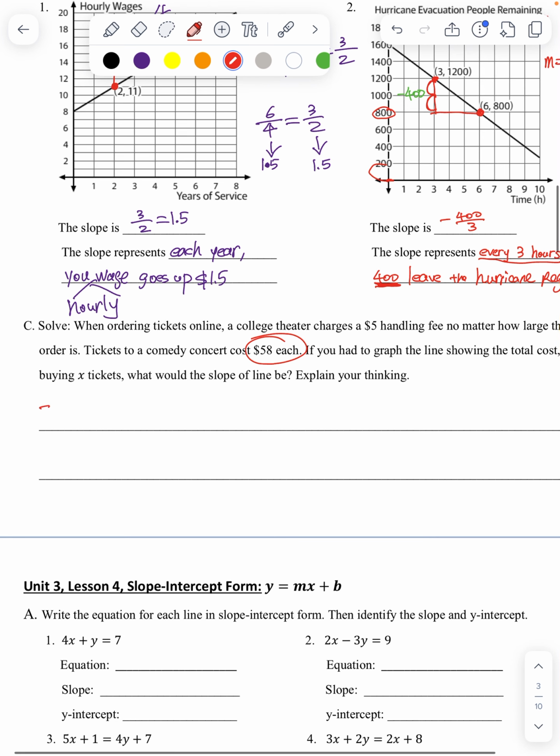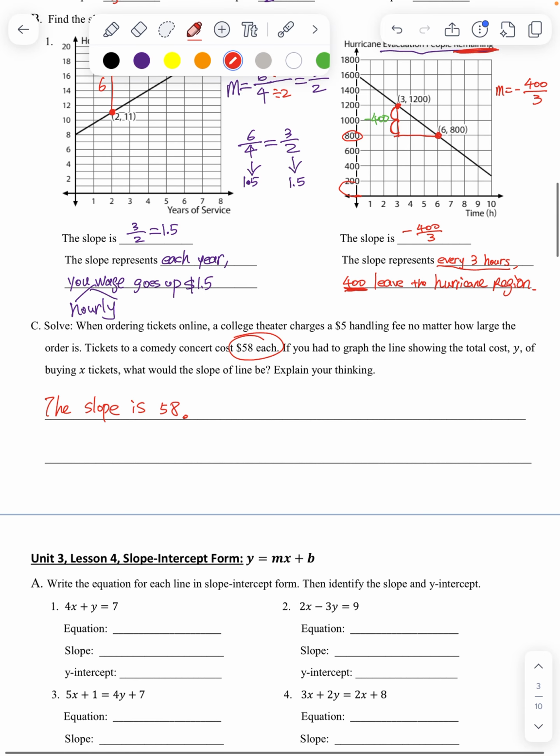The slope is 58. Why? Because if I write out the equation of the total cost of the tickets, the total cost equals $58 to represent one ticket. But how many? Maybe 10 people, maybe 9 people. Maybe the college 30, 40 people, right?